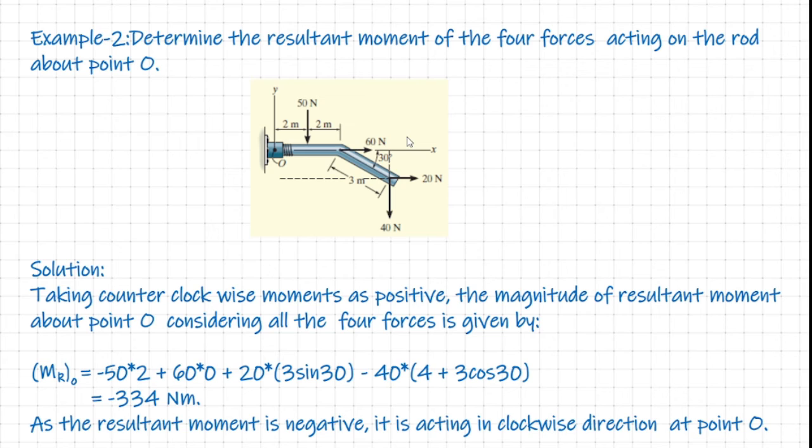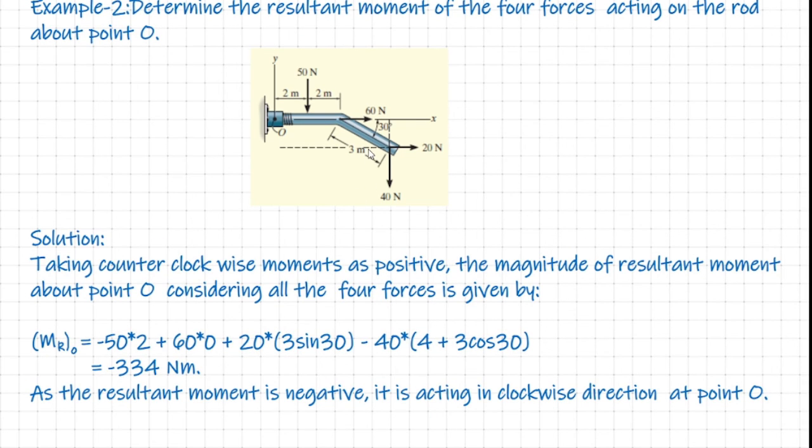It does mean that the moment produced by the 60 Newton will be 0. So 60 into 0. So please make an important conclusion. When the line of action of a force passes through a point, the moment or the turning effect produced by this force about the point is 0.